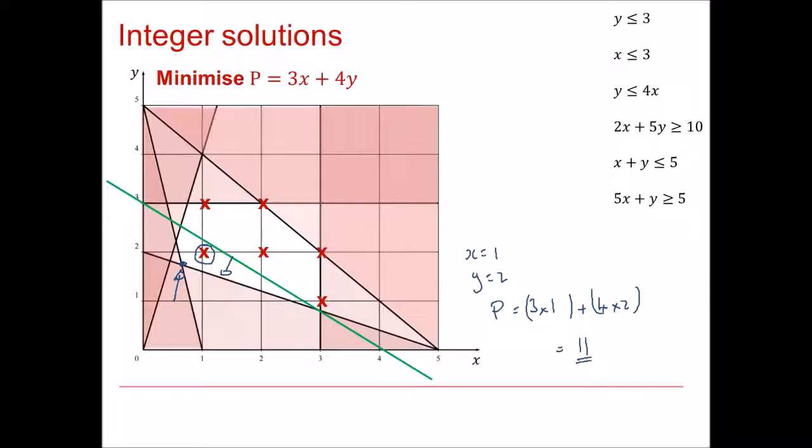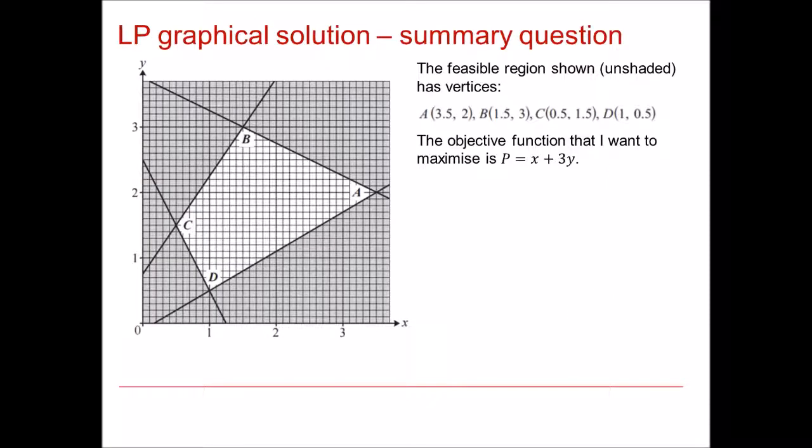It was okay in this one to see that this value here was not the final point, but had that value of gradient been slightly different, it could well have been this point. So you do need to be very careful, and I'll just illustrate that with another example in a second, where the integer solution is not that close to the non-integer one.